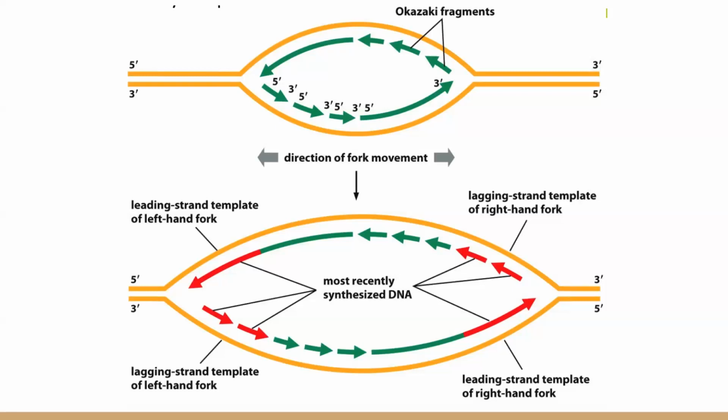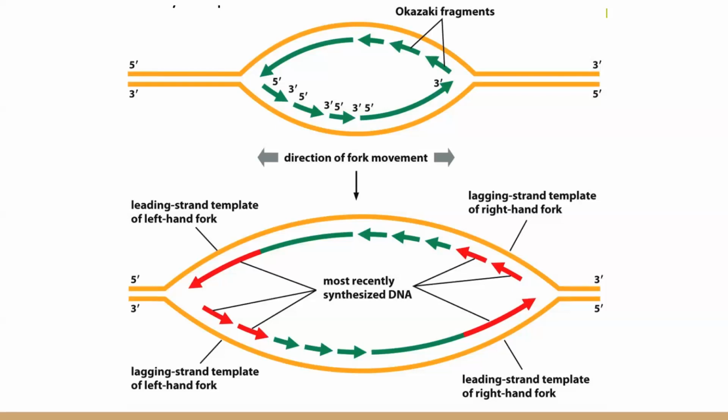So this is the 3' end of the growing one over here, since they're complementary and anti-parallel. Since it always adds on to the 3' end, as this opens up continuously, it's going to be able to just keep adding on.